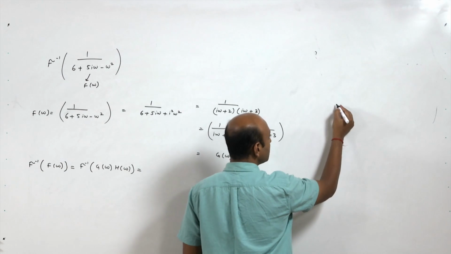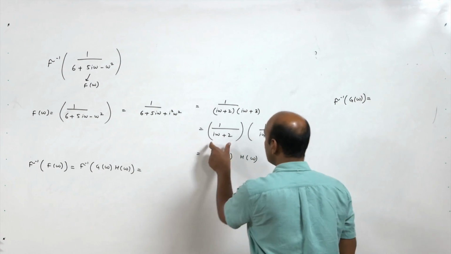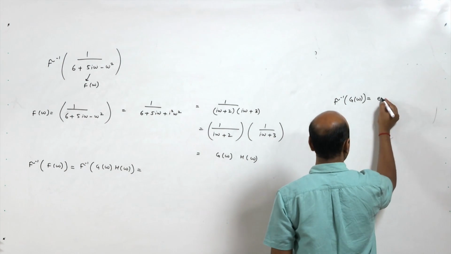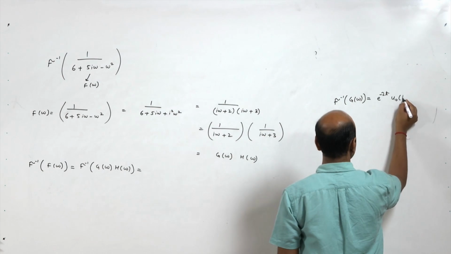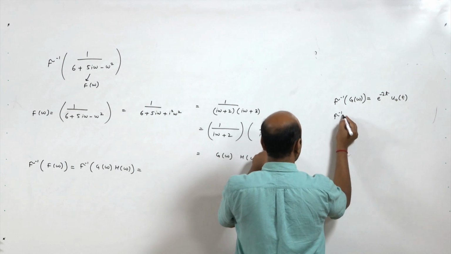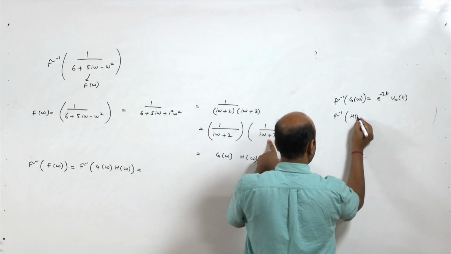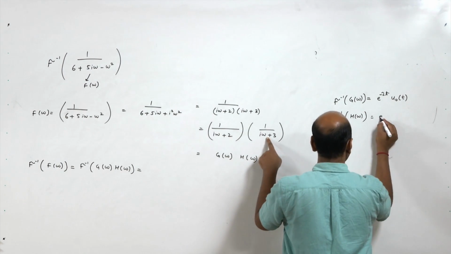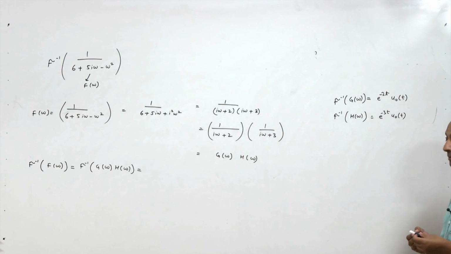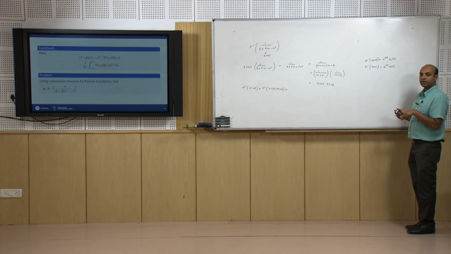So, what is the Fourier inverse of G(omega)? We know that it is e^(-2t) u0(t). And the Fourier inverse of H(omega) is e^(-3t) u0(t). This we already know, since the Fourier transform of e^(-at) u0(t) is 1 upon a plus j omega.